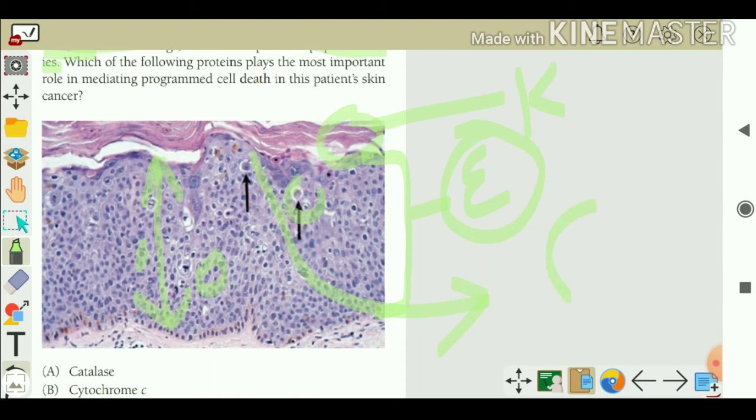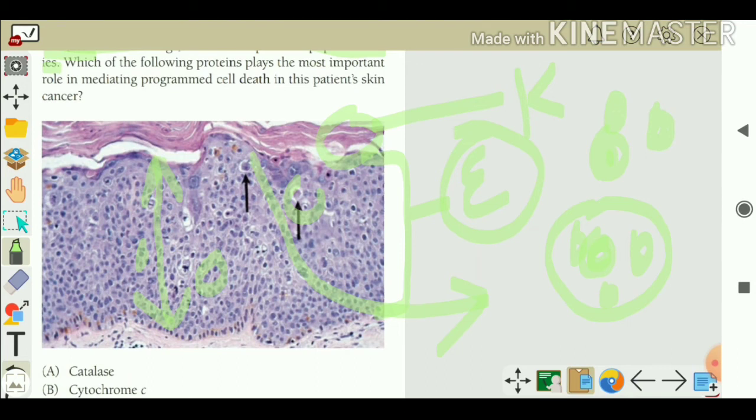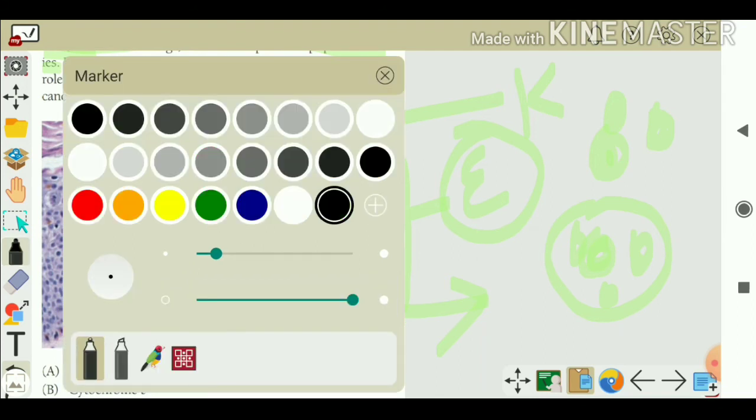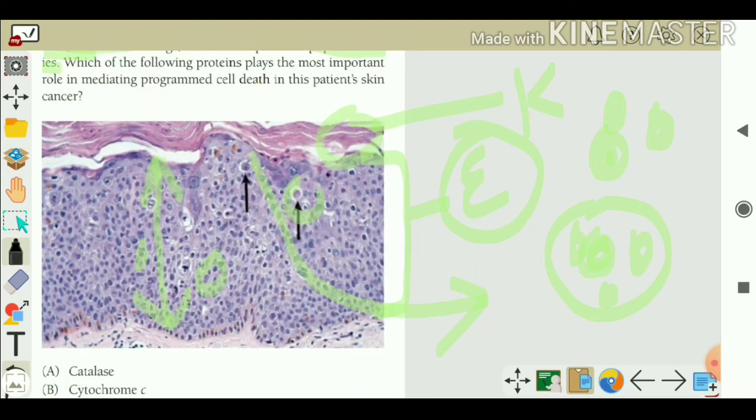Whenever the cell undergoes apoptosis, there is a formation of apoptotic bodies. The cell destroys its cellular components, and they are packed into membrane-bounded structures, which we call apoptotic bodies. So they want to ask which protein is important or plays a role in apoptosis.